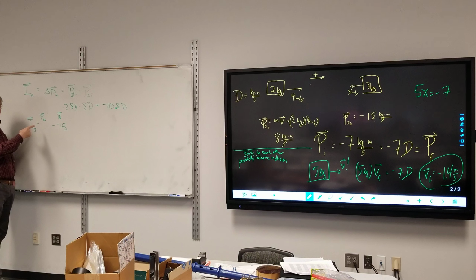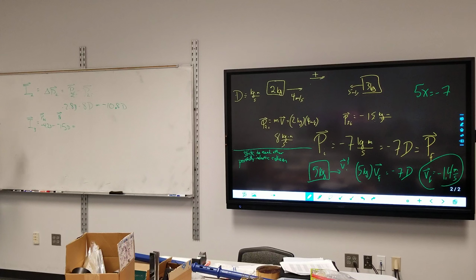So it's the mass, 3 kilograms, times negative 1.4, the velocity. Negative 4.2. So what's negative 4.2 minus negative 15? That would be plus 15. Oh, never mind. It's 11.